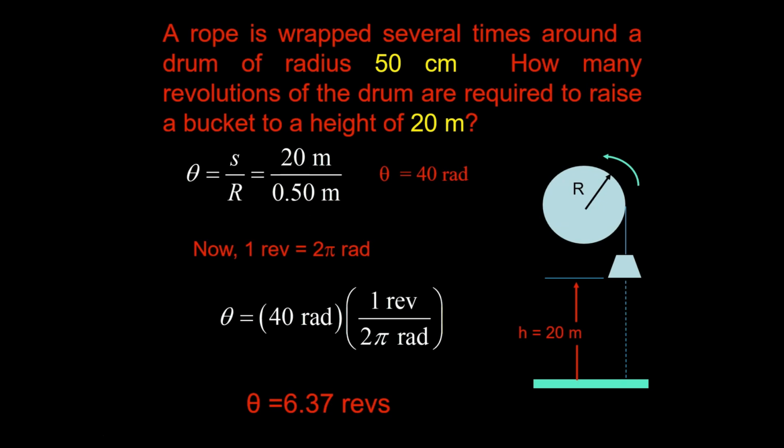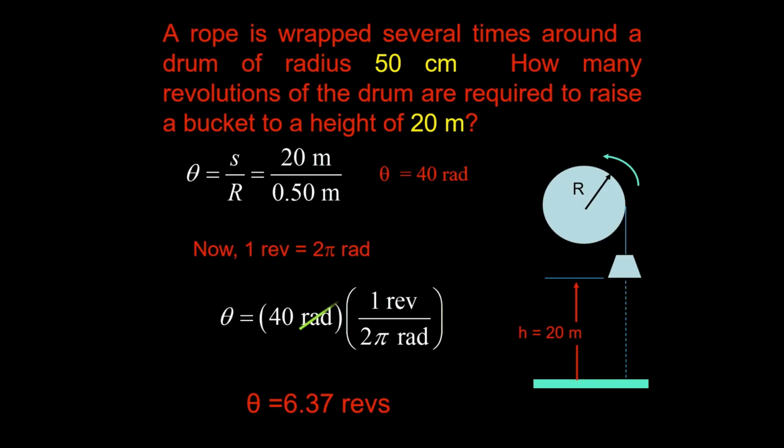We got 40 radians. So now we have to take our radians, say 1 revolution is 2 pi radians, and say 40 times 1 over 2 pi will give us 6.37 revolutions, or 6.4-ish times we would have to turn this drum in order to lift our bucket 20 meters.